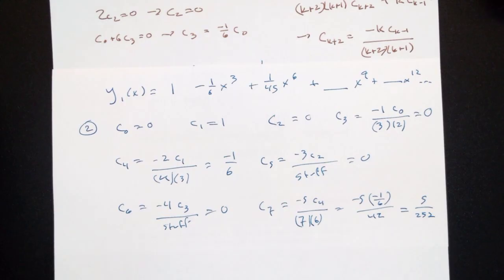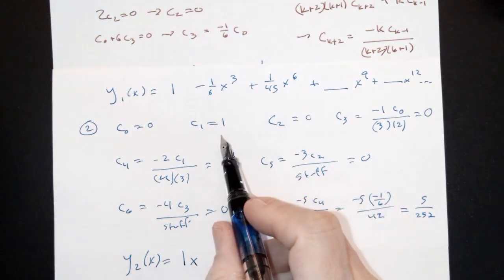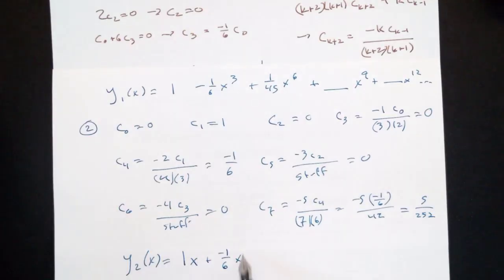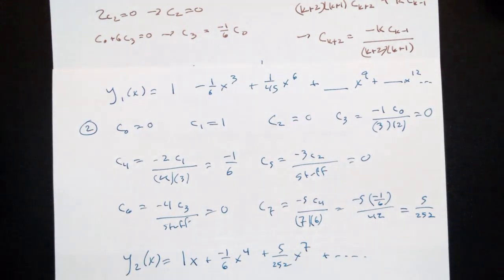And again, I can now write with assurance y2 of x is 1x, because that's C1, plus -1/6 x to the 4th, plus 5 over 252 x to the 7th, and so on.